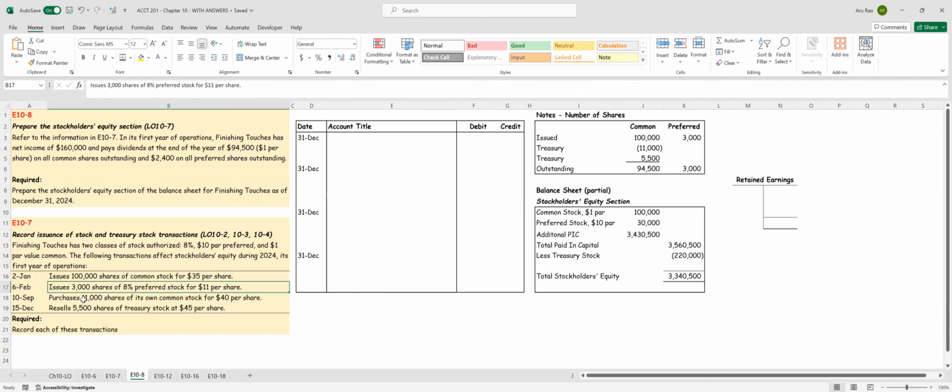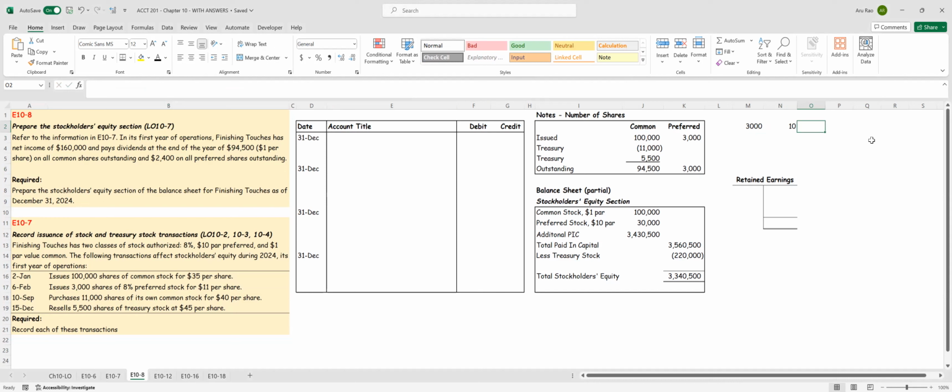We had 3,000 shares of preferred stock, $10 was a par value, 8% is the dividend rate for them. So let me do a quick calculation here on the side for ourselves. I have 3,000 shares. The par value was $10.